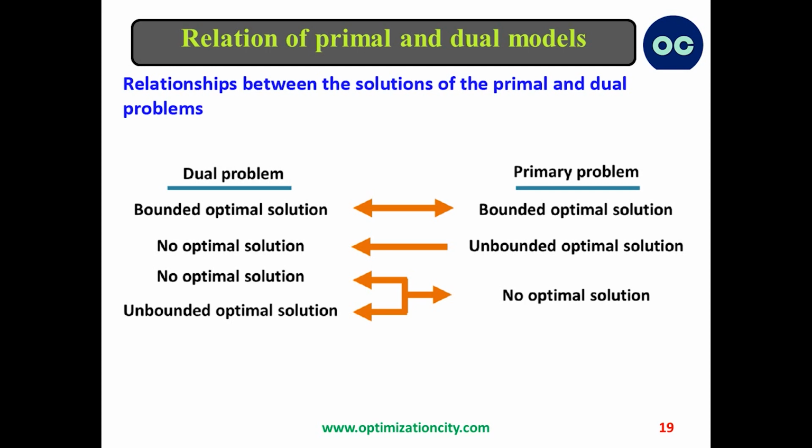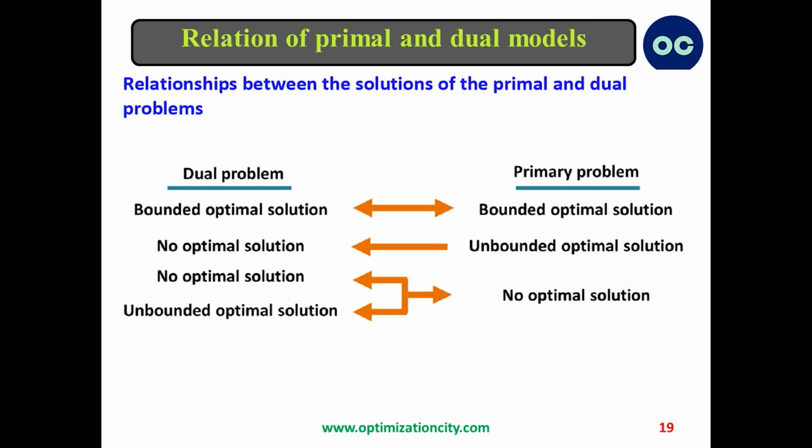The relationship between the primal and dual problem solutions, which is so important, we discuss in this slide. If the primal model has a bounded optimal solution, the dual problem also has a bounded optimal solution. However, if the primal problem has an unbounded solution, the dual problem is infeasible.